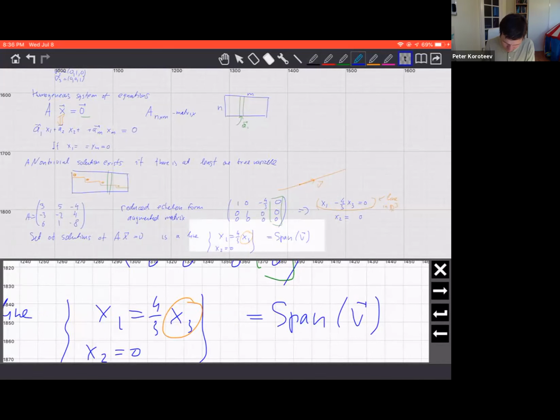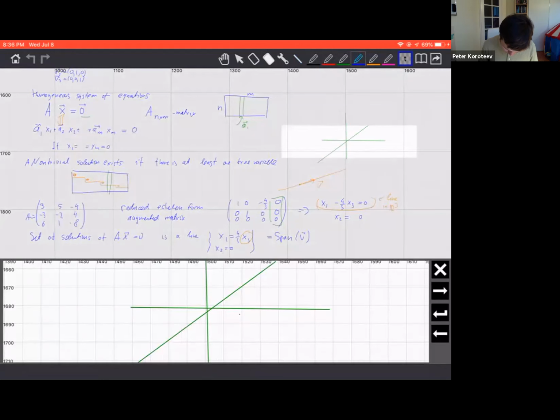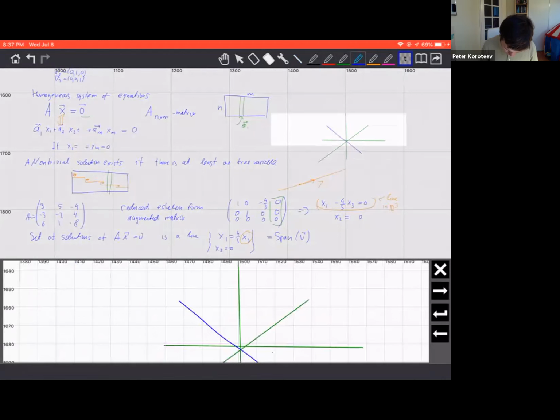So in 3-dimensional space, it's in the 1-3 plane, which will look like this, right?